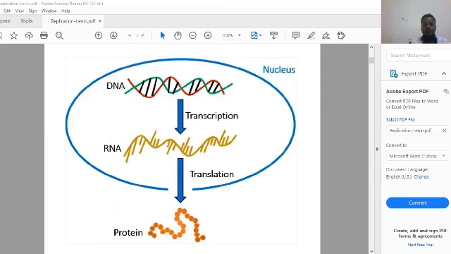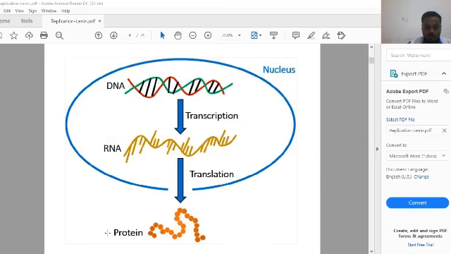Next is the nucleus. As already told, DNA itself forms new DNA, which is called replication. DNA is converted to form RNA, and this process is called transcription.